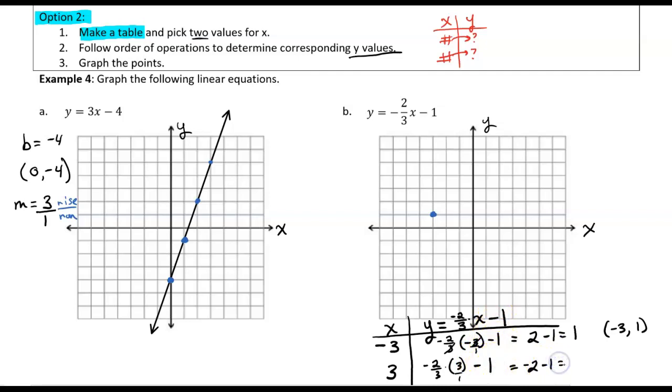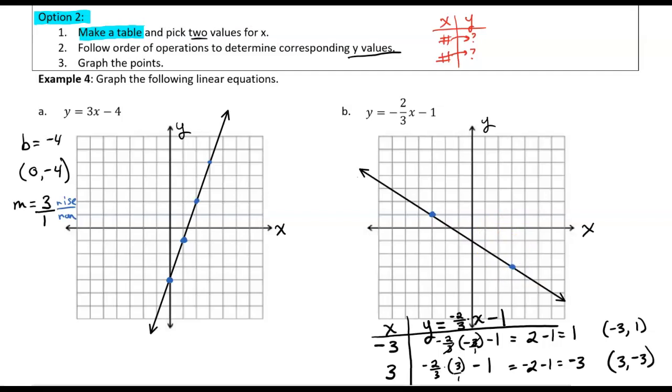Negative 2 minus 1 is a negative 3. So now my second ordered pair I can use to graph the line is 3, comma, negative 3. And connecting those 2 points with a straight line, we get our graph.